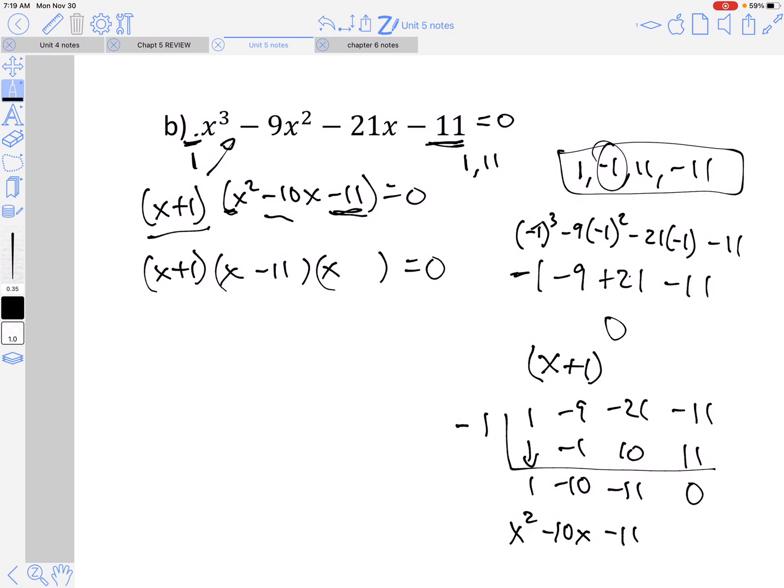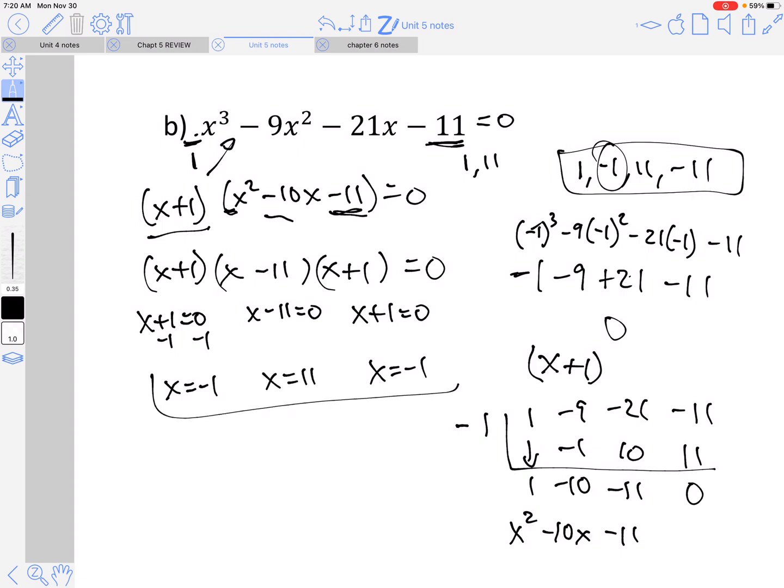Okay, and then it's going to be, right? Yep. 1 times -11 is -11. -11 plus 1 is -10. Perfect. Alright, so now that it's all factored down to the bones, we can use the zero product property and know that x equals -1 with multiplicity 2 and x equals 11, and those are the 3 solutions.